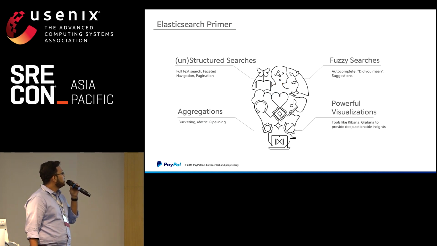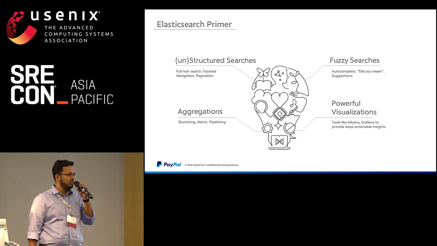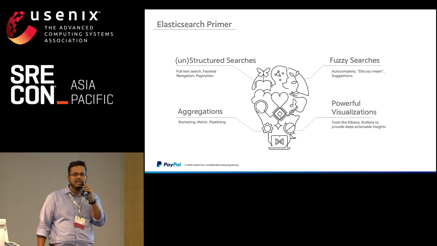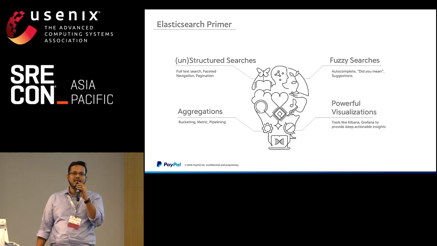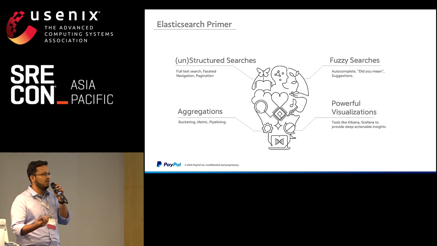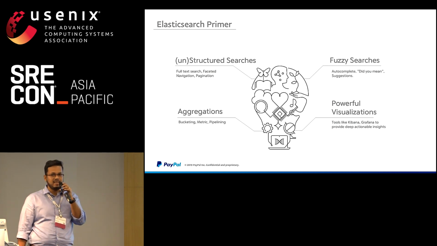Let's talk about some of the use cases for which people widely use Elasticsearch. Of course, structured and unstructured sources. Things like faceted navigation, pagination, full text searches. These are really the areas of focus for Elasticsearch, Solr, and Lucene in particular. You can also do fuzzy searches, so things like "did you mean?"